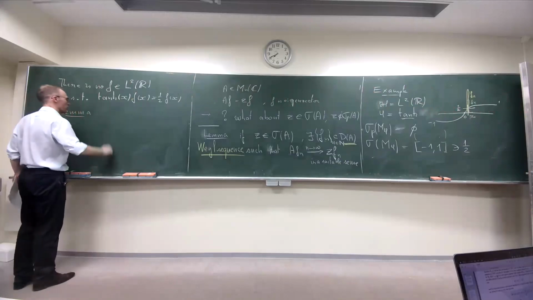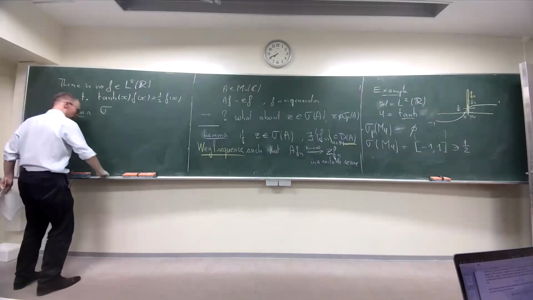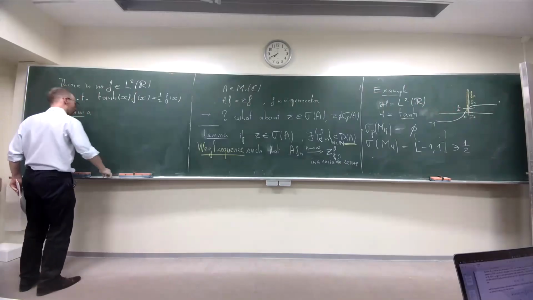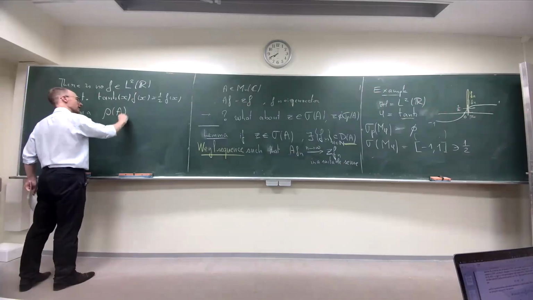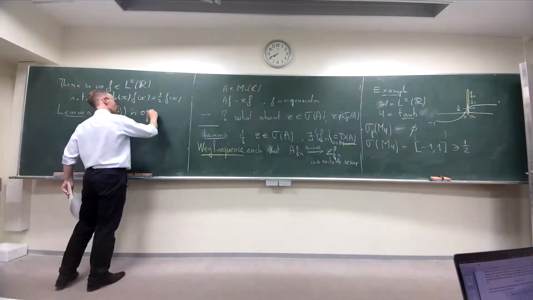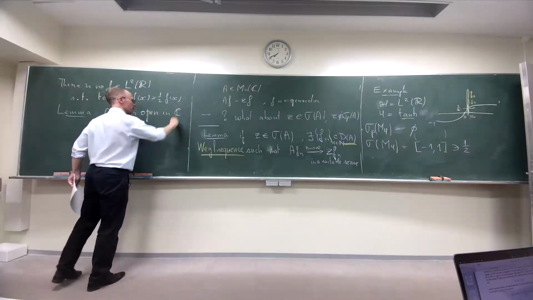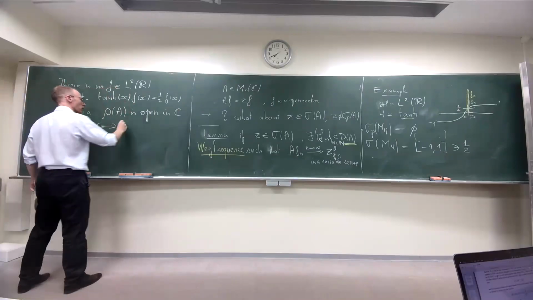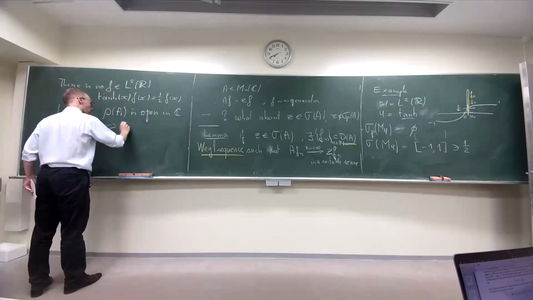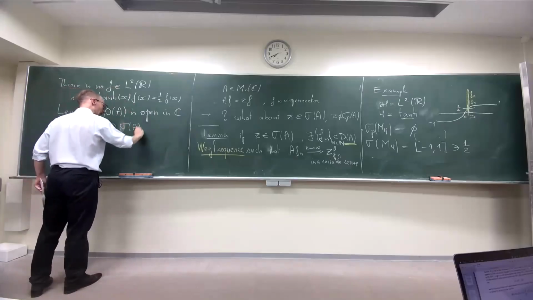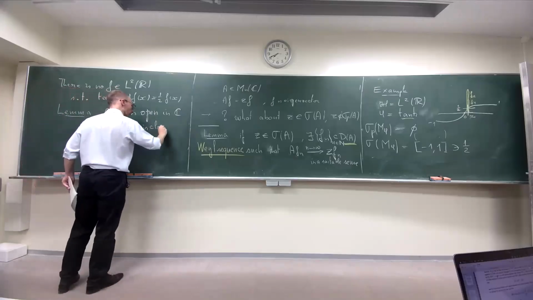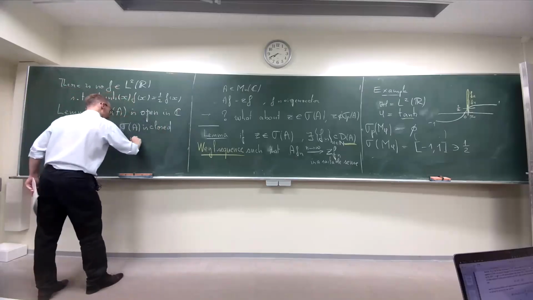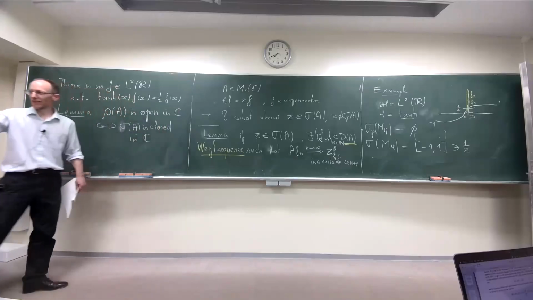Let me state it more precisely. The resolvent set is open in C, which is equivalent to saying, because it's a complement, the spectrum of A is closed in C. This answers your question.